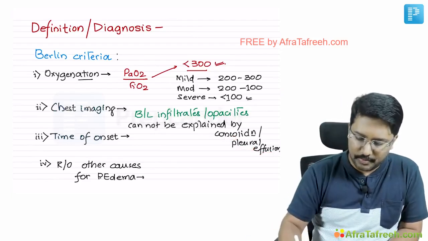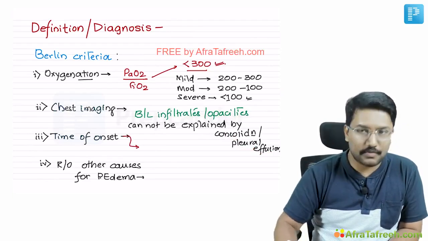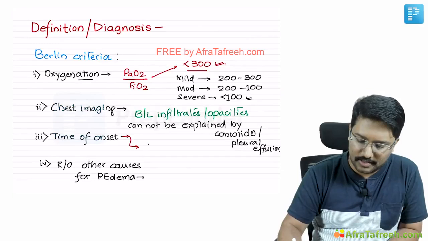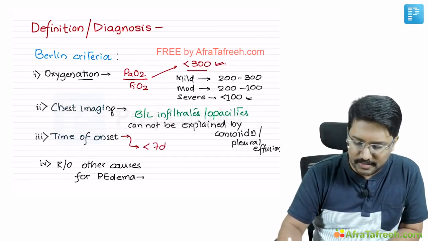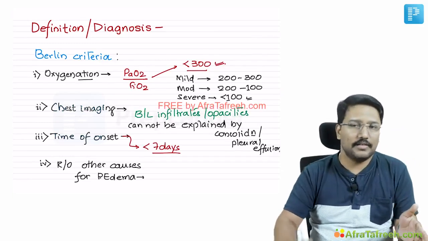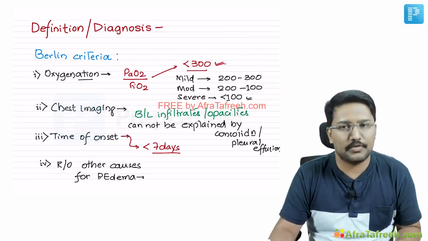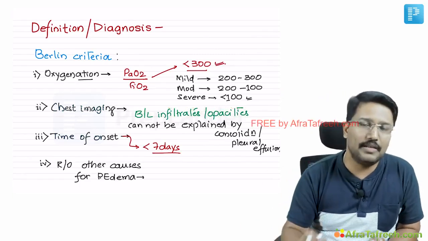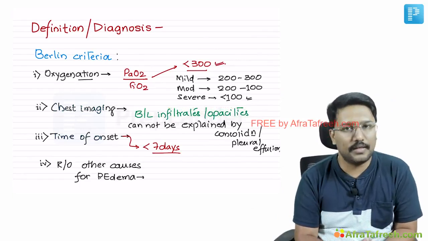Okay. Now, the third parameter is the time of onset of respiratory distress following the clinical insult. So there should be a temporal correlation, and that is defined as less than 7 days. So within 7 days after the clinical insult, there should be development of respiratory symptoms, or if there are already pre-existing respiratory symptoms, they should get worsened within 7 days of presumed clinical insult.